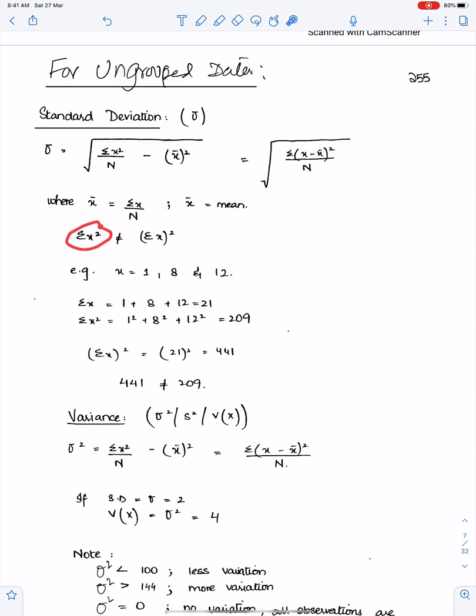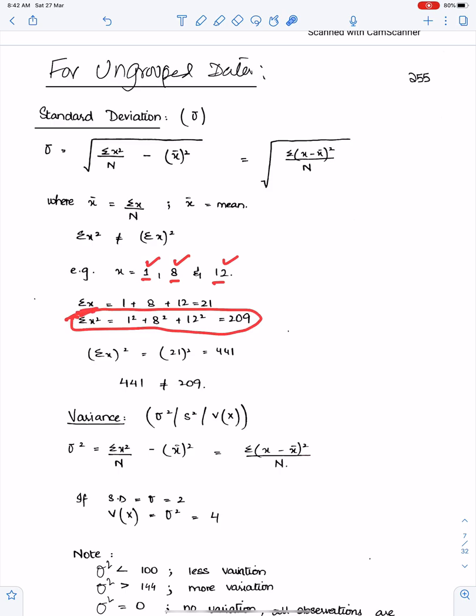Well, sigma x square is never equal to sigma x whole square. These two things are different. Sigma x square means sum of the squares of the observations. If we have these three observations, then if we take the sum of their squares, we'll get sigma x square, like 1 square plus 8 square plus 12 square, which is 209.